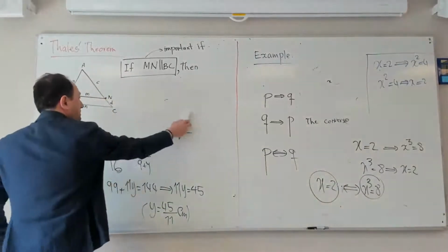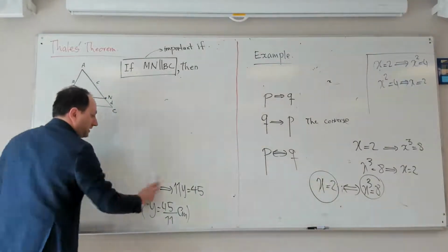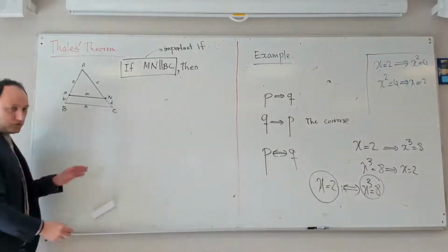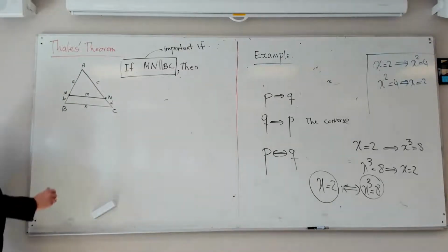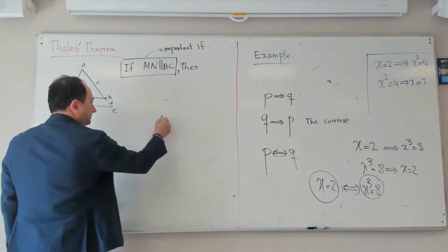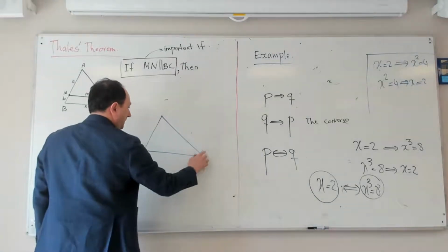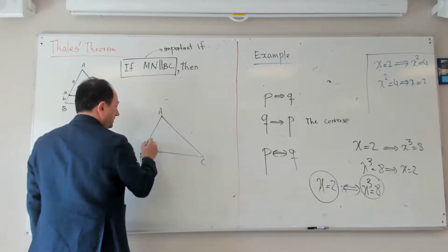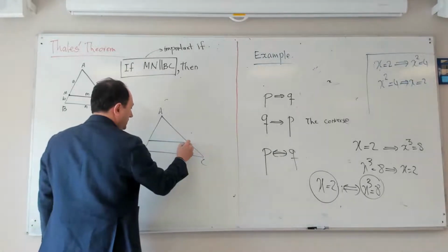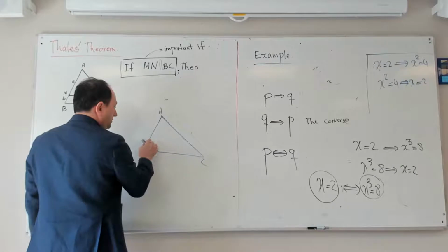Now let me talk to you about something that is not in the book, so that is just optional if you want to learn. If I draw this picture for you, a triangle, there are two things that I want you to understand.